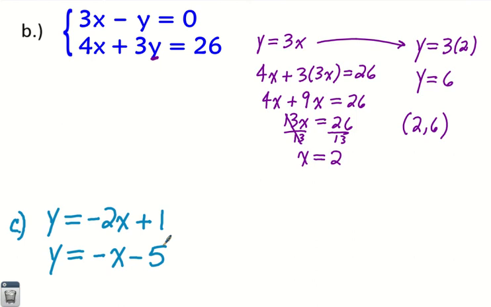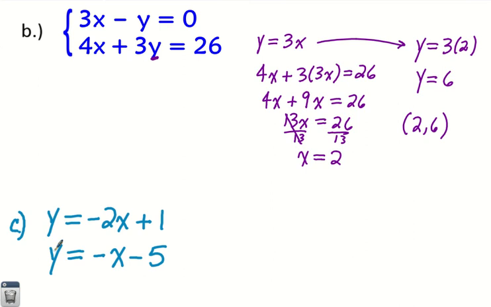Both of these equations are telling you what y equals, which is an extra good thing, because when you actually go ahead and do the substitution method, whether you substitute this negative x minus 5 into that y variable, or you substitute this whole negative 2x plus 1 in for that y variable, either way will get the job done.